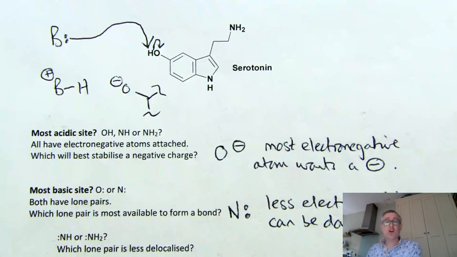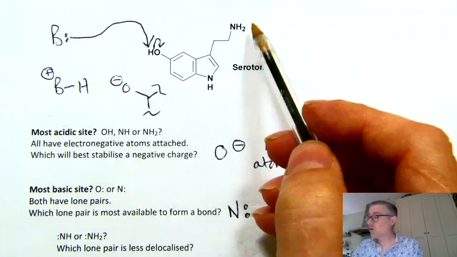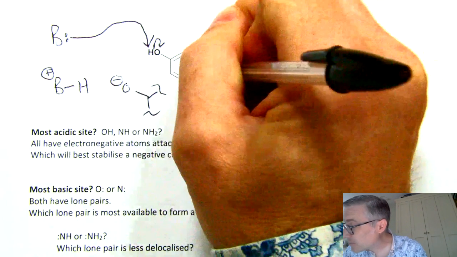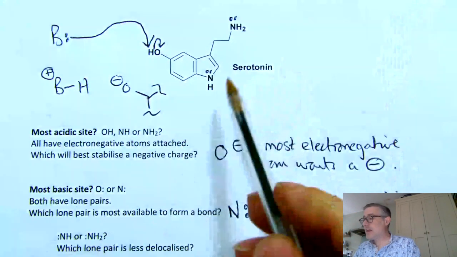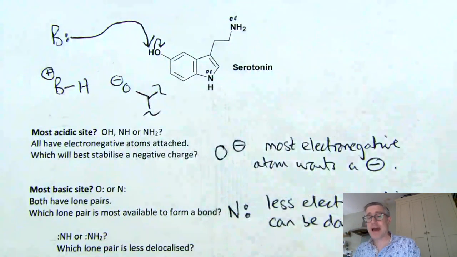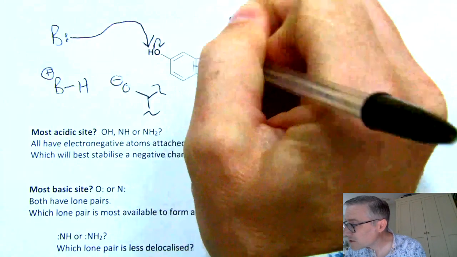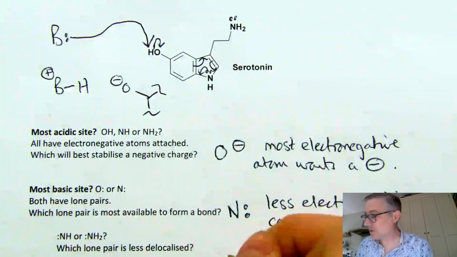And which would we choose? Would we choose the NH that's here or the NH2 that's there? Well, we need to think about those lone pairs very carefully. If we look at this lone pair, it's actually in resonance with these double bonds.